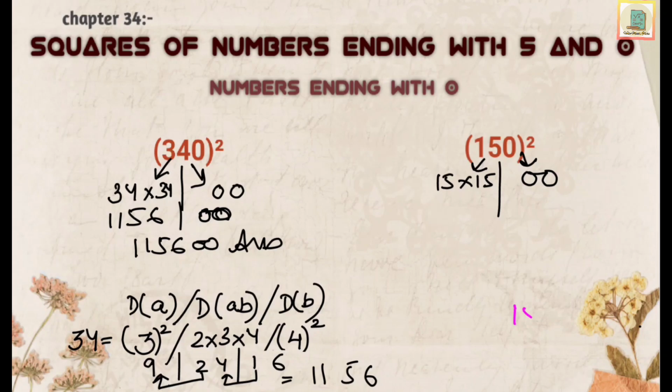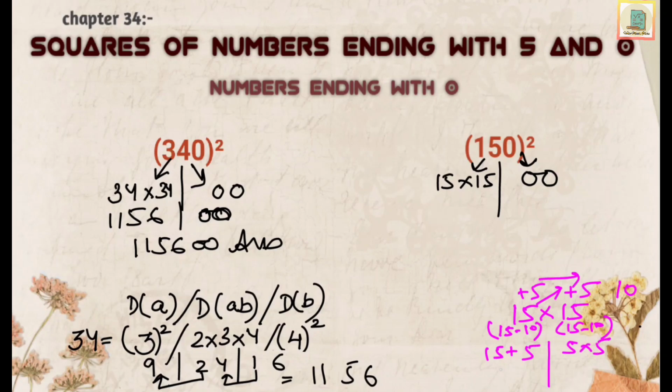So here 15 multiplied by 15, the base is 10. So the deviations will be 15 minus 10, which gives you plus 5, and 15 minus 10, which gives you another plus 5 as deviation. Now make a partition. In the first partition, first number plus the second deviation, and in the second partition, multiply the deviations.